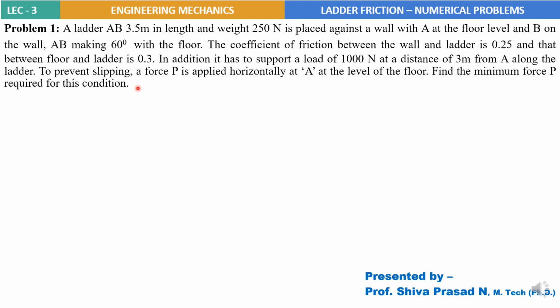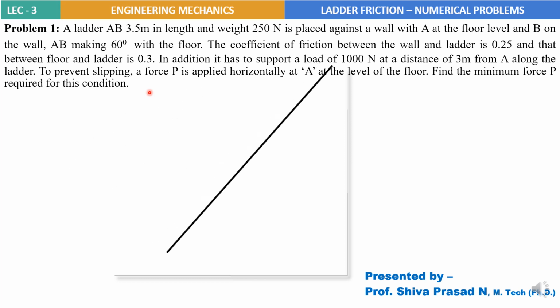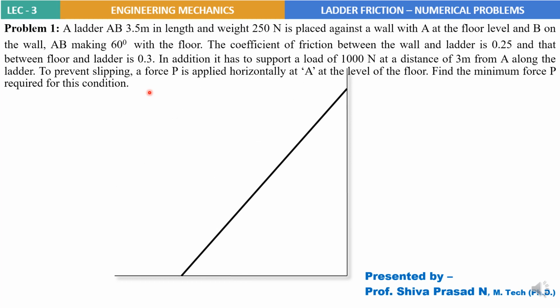Okay, so this is the question given and they have not given the sketch. So let's try to draw a sketch for this from the available data. So there is a ladder which is resting on the floor against a wall.